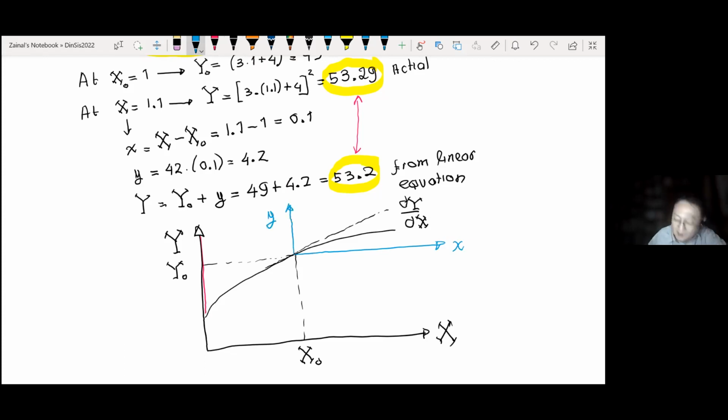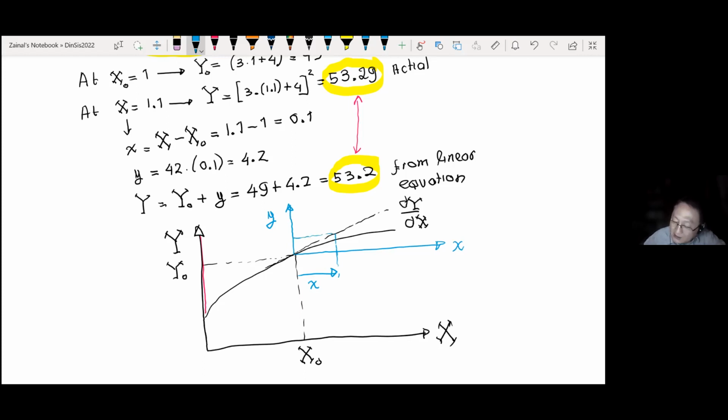If we move from here to here a little bit, then this one is y0 plus something.